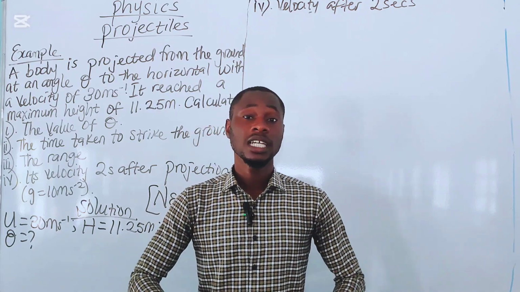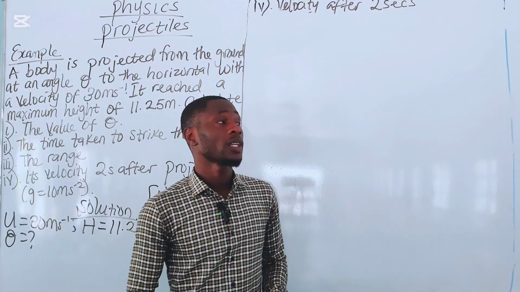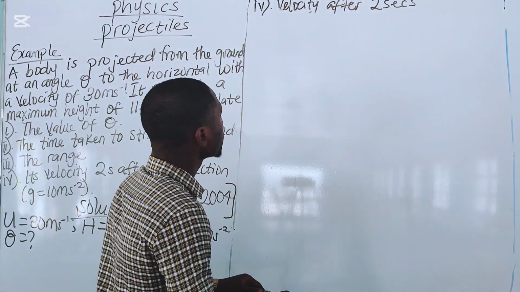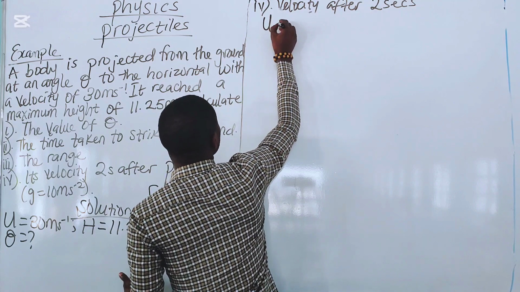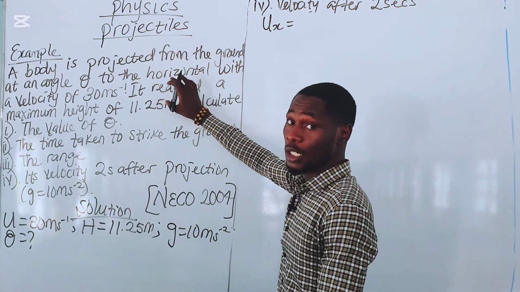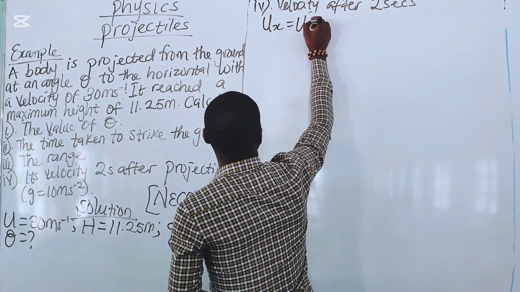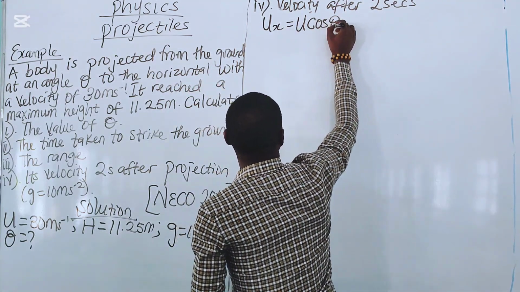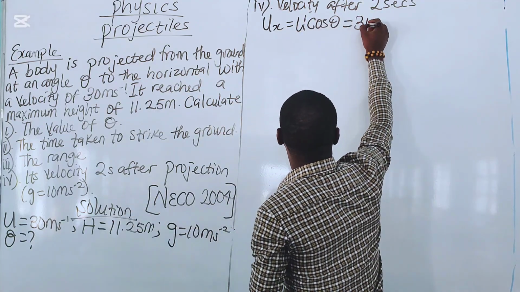That will give us the vertical component of the initial velocity. Okay, so let's find the horizontal component of the initial velocity, which is Ux. Since the projectile is inclined at an angle to the horizontal, Ux we know is going to be equal to u cos theta. So u we are given to be 30.